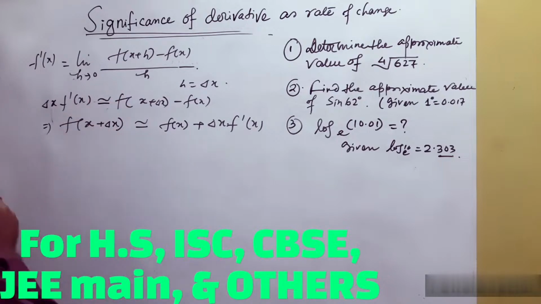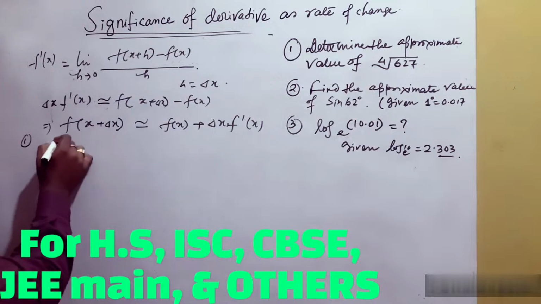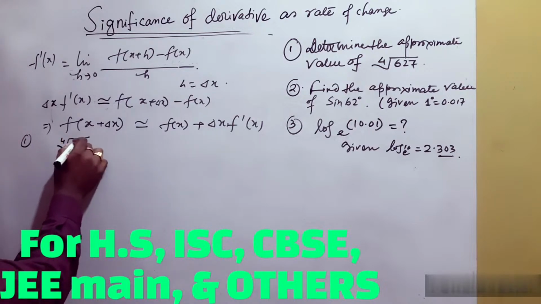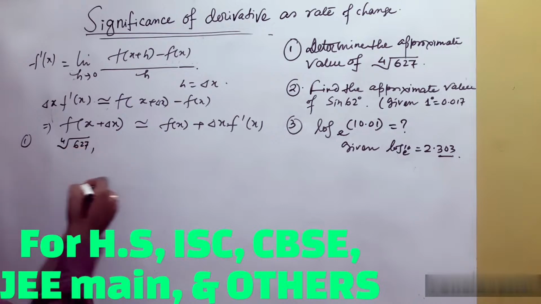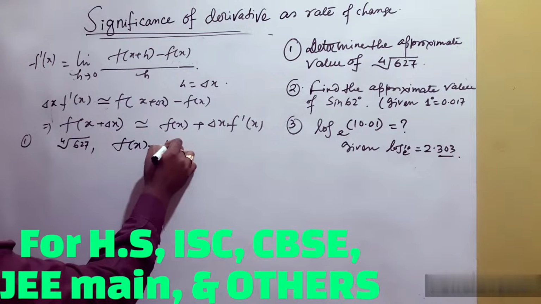Number 1: determine the value of the fourth root of 627. Assume the function f of x is the fourth root of x.